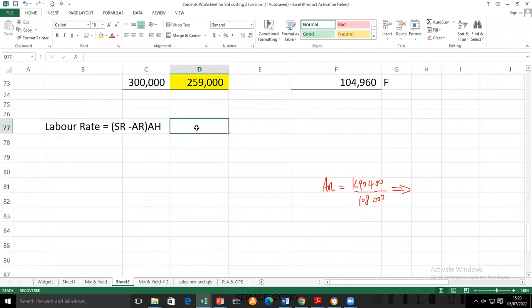Meaning, come here, this term 0.6 minus 90 divided by, multiply by, so that's the way it will go.